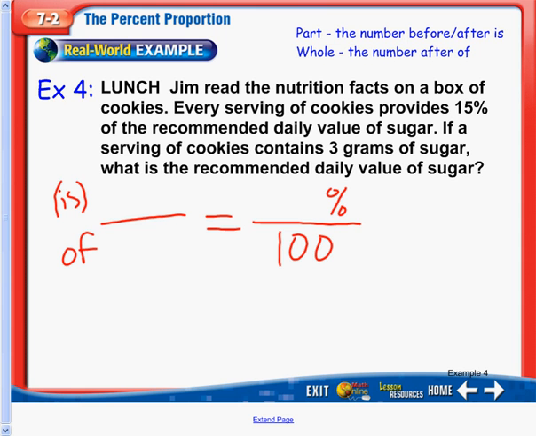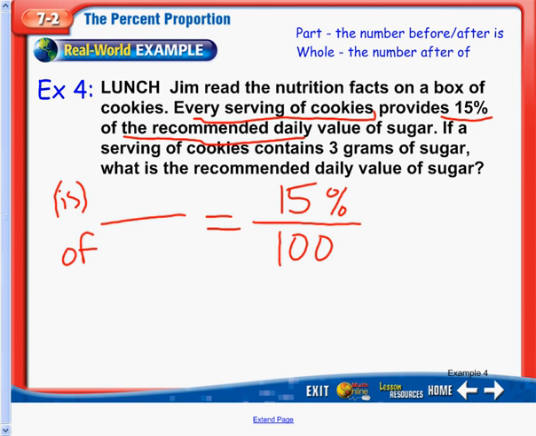So in this one, it's not as clearly laid out as our past few, and sometimes word problems are like that. Sometimes they won't even use the words "of" or "is" as much. So looking at this, I do see 15%. So we're going to put 15% right there. And that sentence is: every serving of cookies. So every single serving of cookies gives us 15% of our whole.